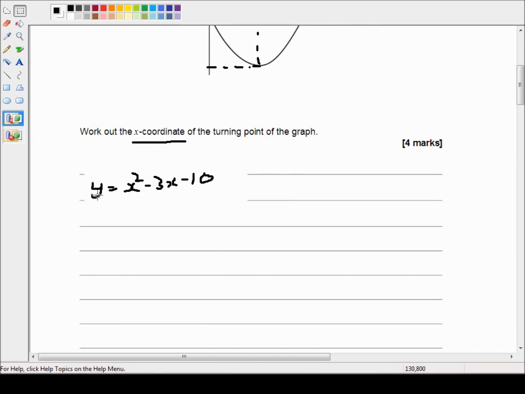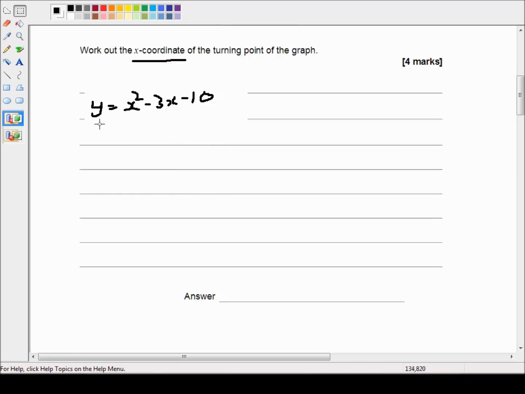Right, so we need to find the minimum point of y equals x squared minus 3x minus 10. So I think the easiest way to do that is just to complete the square, isn't it? So y equals x squared minus 3x.